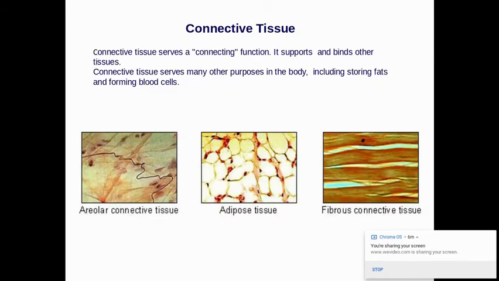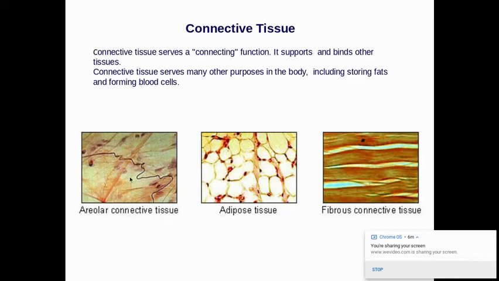All right, so connective tissue. A lot of our bodies are made of connective tissue. It supports and binds other tissue. So connective tissue connects. It supports, you need to write that down, and binds other tissues. Connective tissues serve many other purposes in the body. Some of the things that they do: connective tissue forms blood cells, and it stores fats.